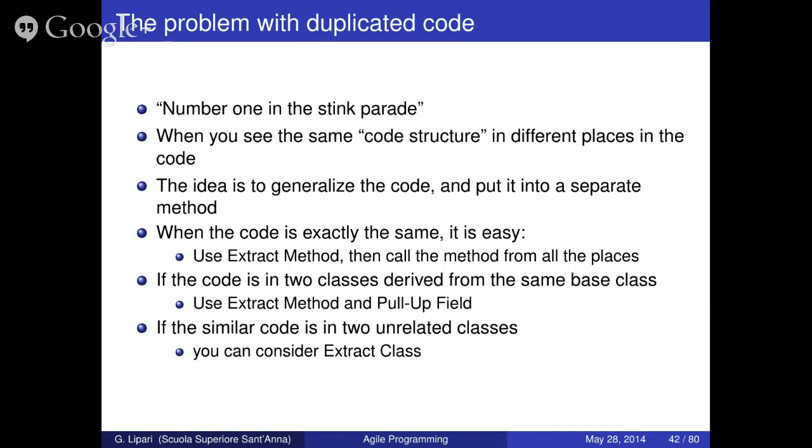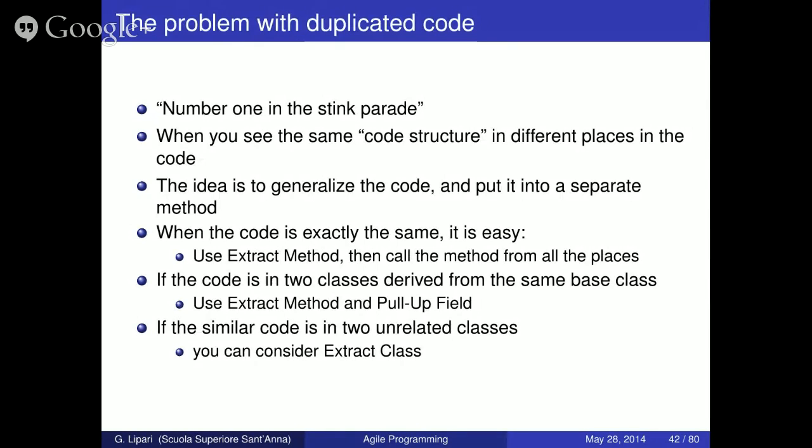So when you see the same code structure or exactly the same code in different places in the code, that's a bad idea. It means that somebody did a cut and paste or copy and paste, and this is bad because it's not easy to maintain. The idea is to generalize the code and put it into one single separate function.